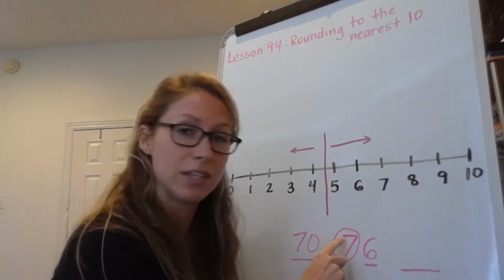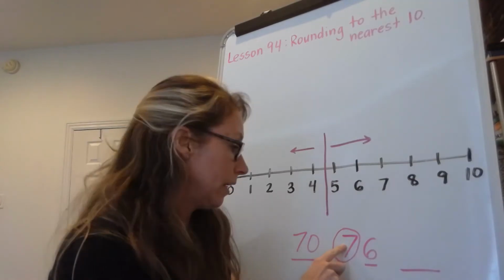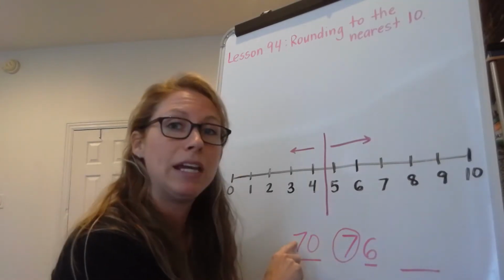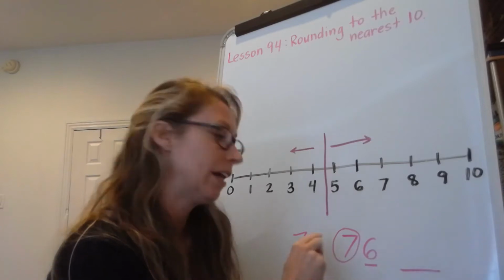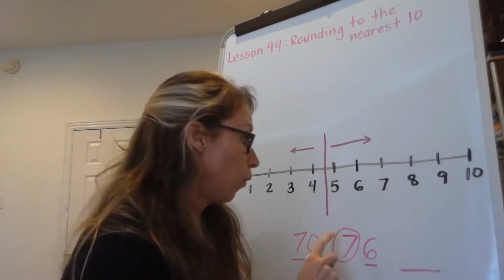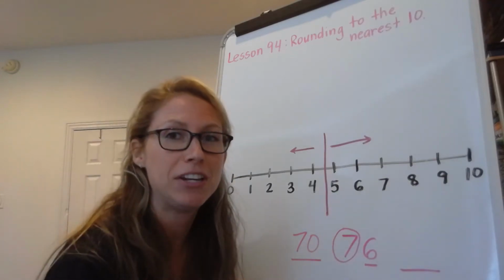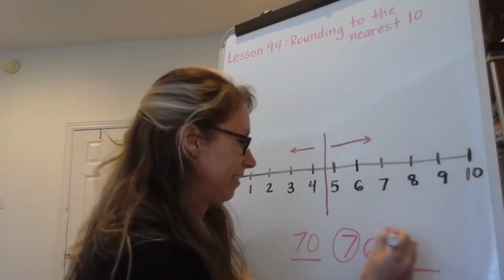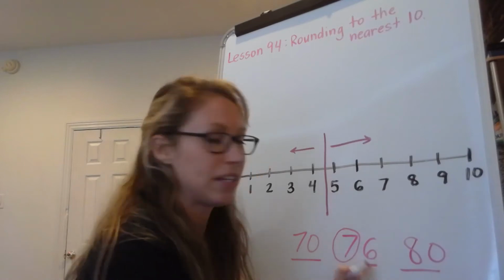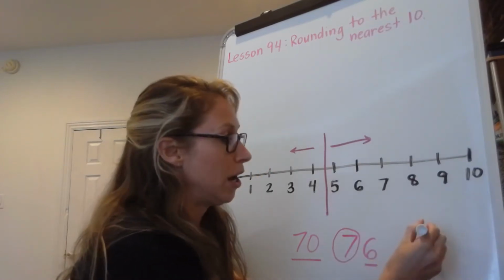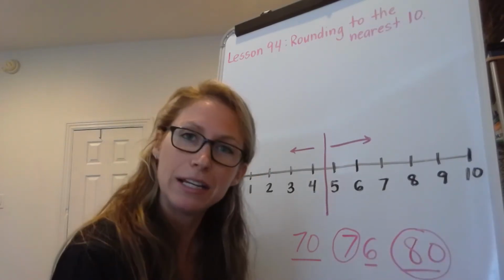You always use this number in the tens column, and that will be your 10 before it. And then your 10 after it is just one more than it. So after 7 comes 8. After 70 comes 80. And so 76 rounds up to 80.